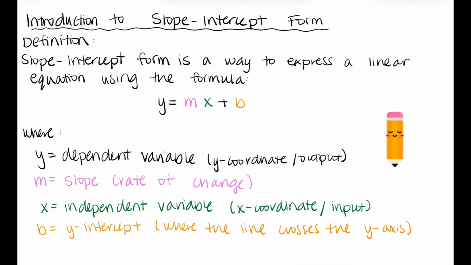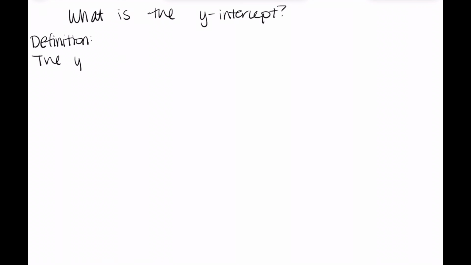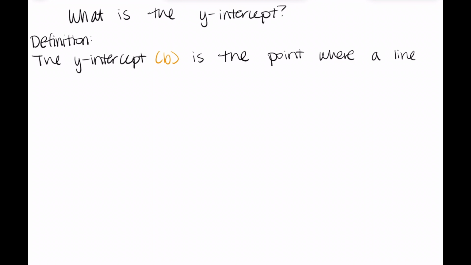Now that we have gone through our first lesson objective, let's get into our second one and go over what the y-intercept is. The definition of the y-intercept is the point where a line crosses the y-axis, and this occurs when x equals 0. In a lot of real-world scenarios, the y-intercept represents the starting value.